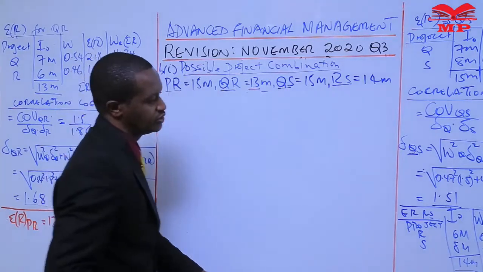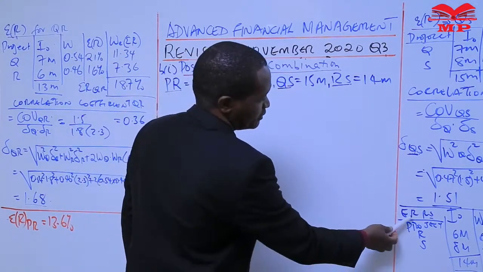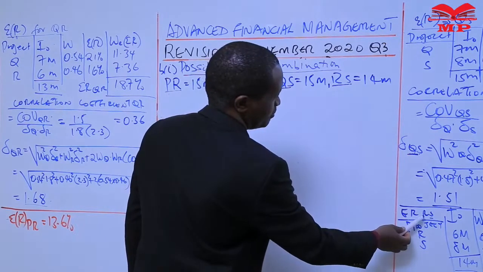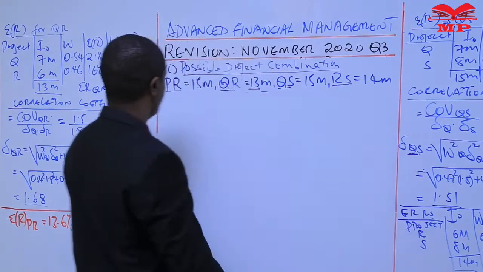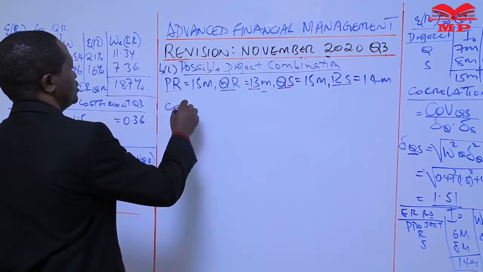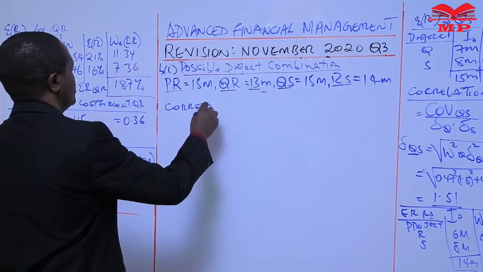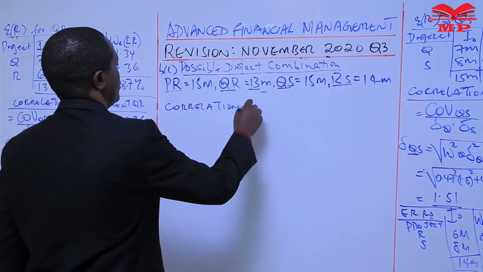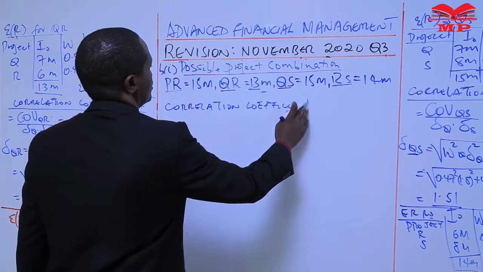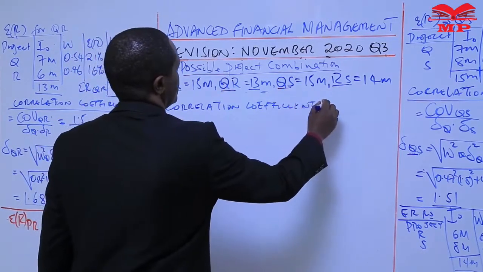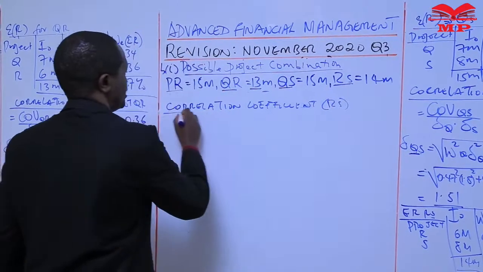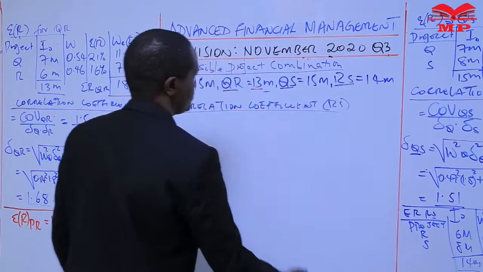Let's continue. We've done the expected return for portfolio RS. We are now going to compute the correlation coefficient for RS, project RS.